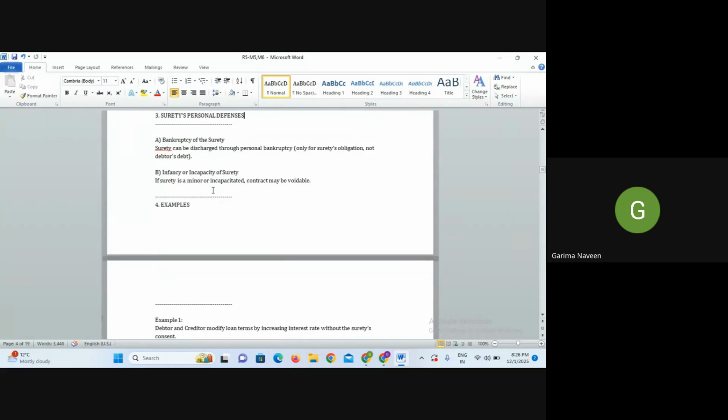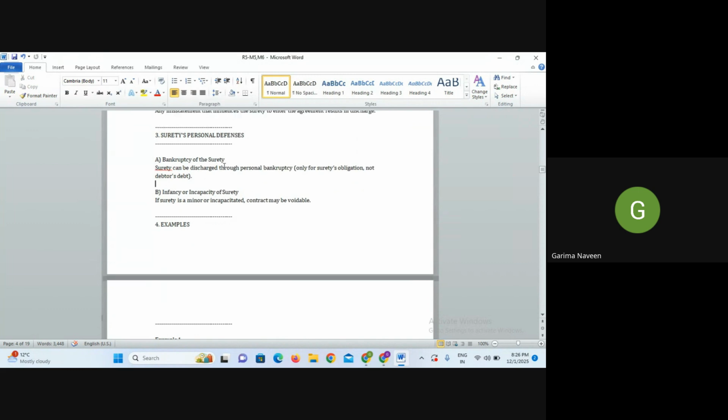Next is the surety's personal defenses. First is bankruptcy of the surety. For example, if a surety has guaranteed the debt of a debtor, but the surety itself becomes bankrupt, then he can escape from his liability.